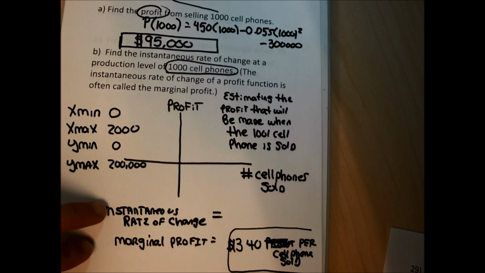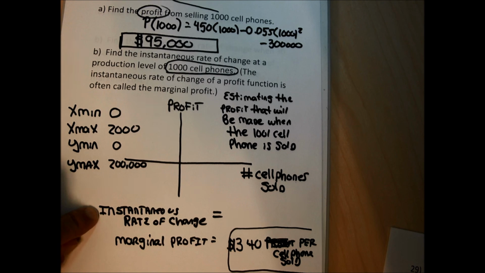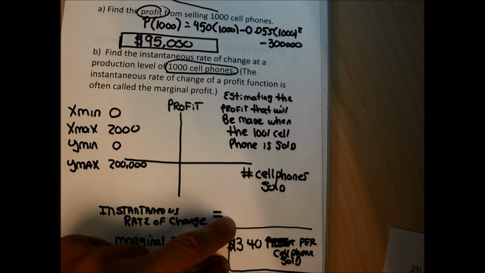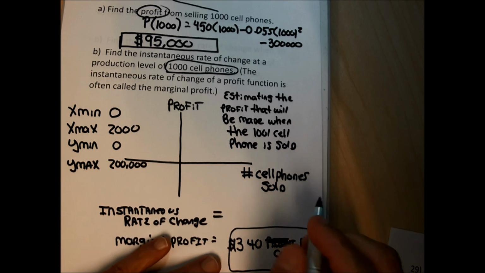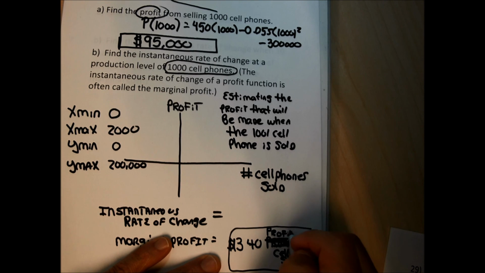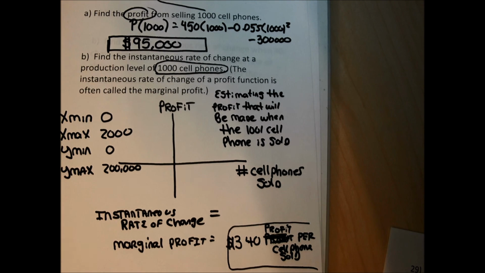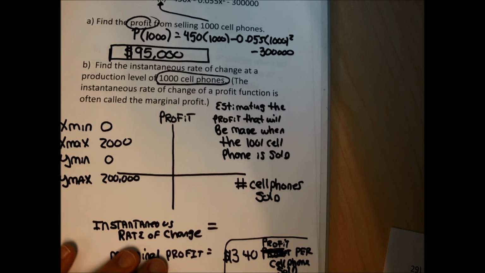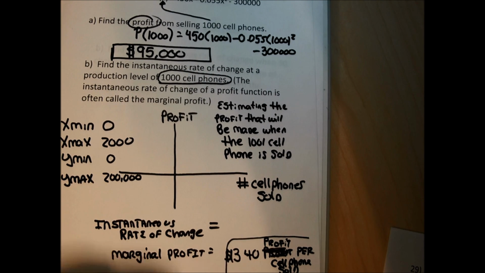You could leave out the words instantaneous rate of change, or marginal profit. As long as you said it's $340 per cell phone, I think profit would be implied because it's a profit function. And that's all you need. That's all I needed to do for that problem.